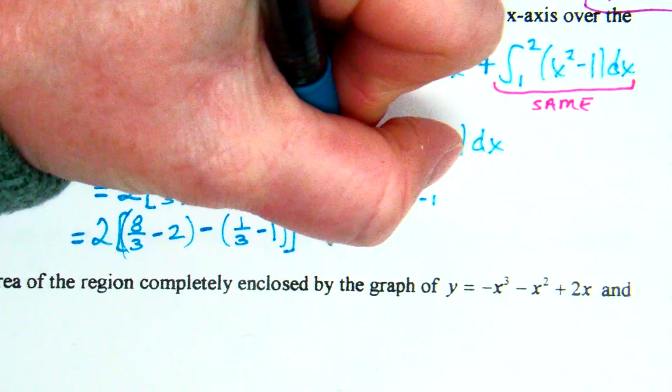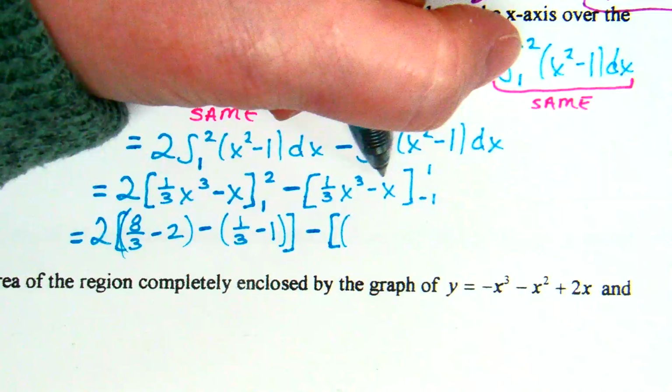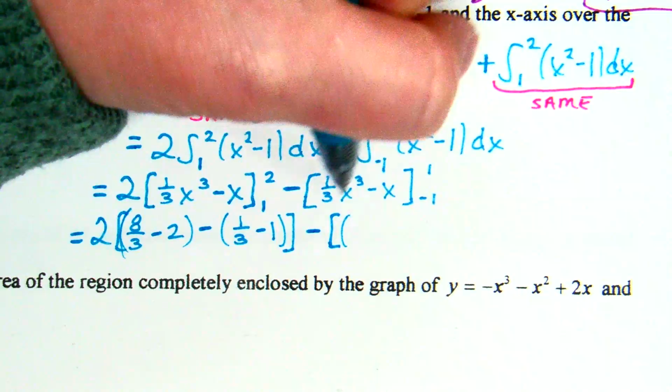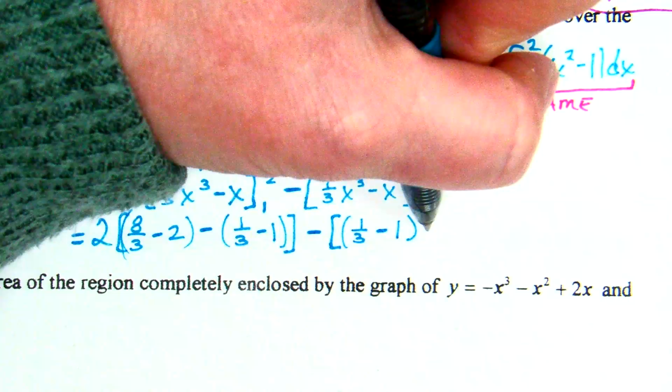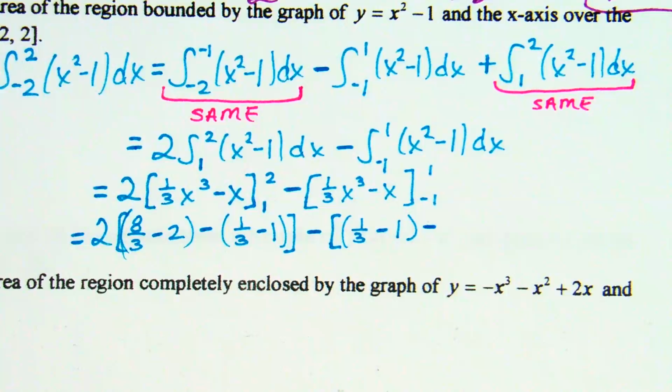And then minus. We have to repeat this process with negative 1 to 1. So now, plug in 1 at first, the upper boundary. 1/3 of 1 cubed, so 1/3 minus 1. And then minus.